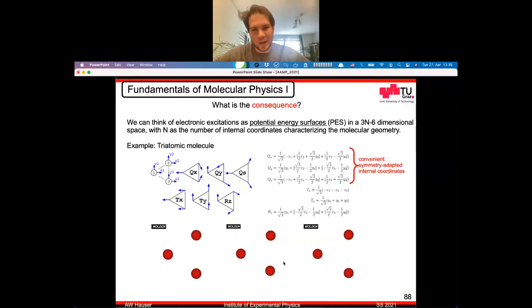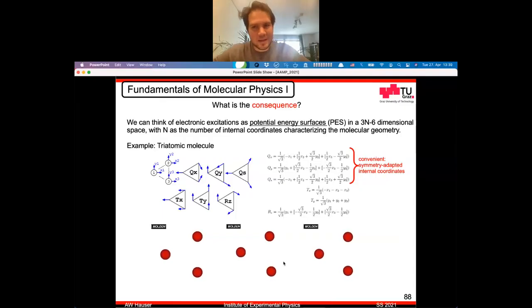So we have different electronic states, a state N and the state M, and we have the corresponding vibrational states in these potentials. They are coupled through the coupling operator, and if this expectation value here for the coupling term is smaller than the actual energy difference between the two electronic states, then we are fine.